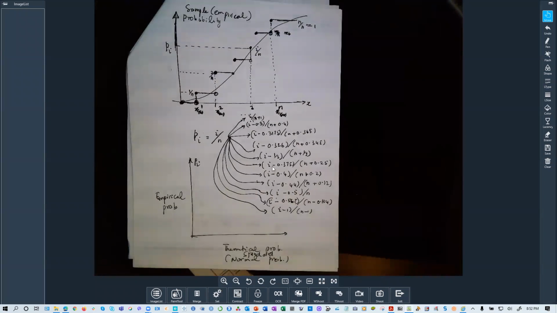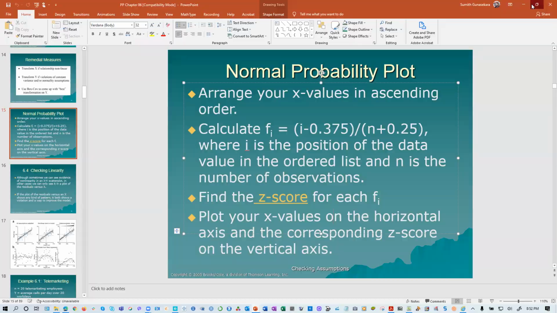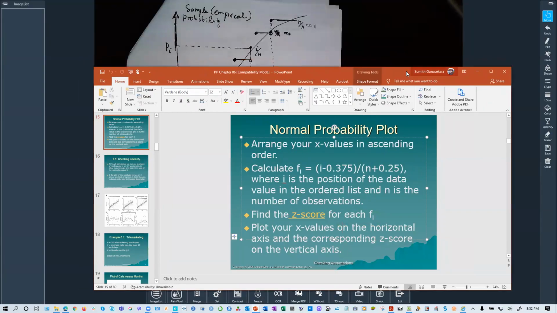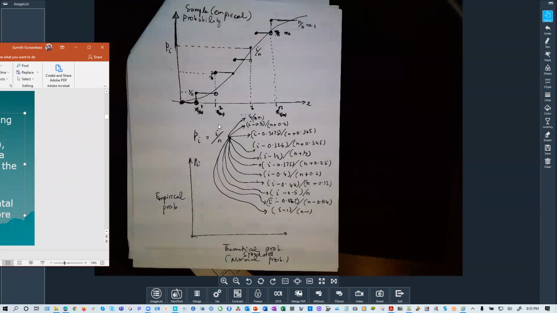That's not the only way. Some people say it should have been i over n, but most practitioners came up with a different formula. This is the one we have right now for the probability: i minus 0.35 divided by n plus 0.25. It has been done in so many ways.